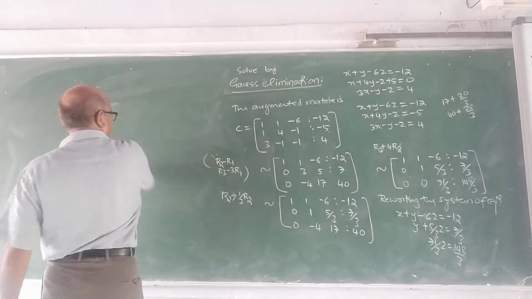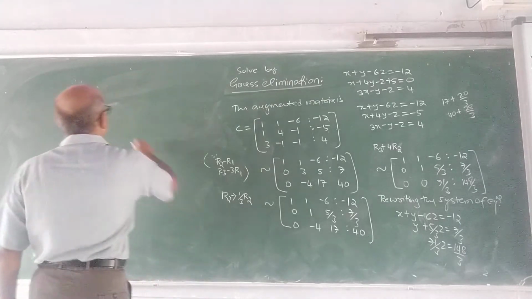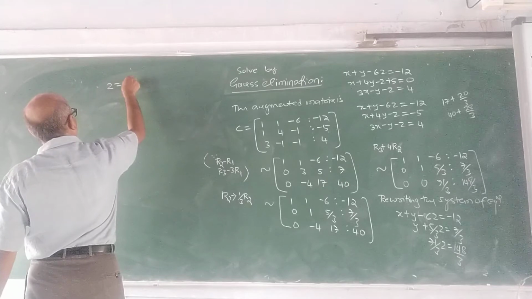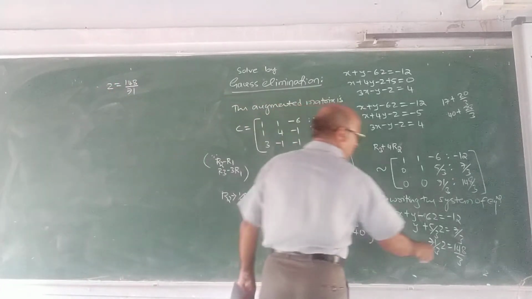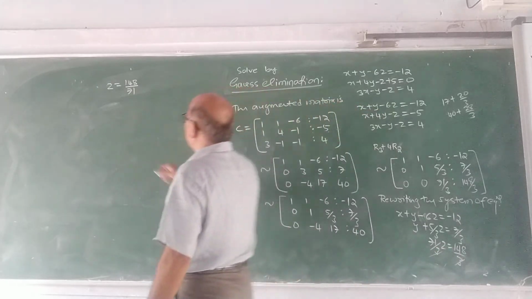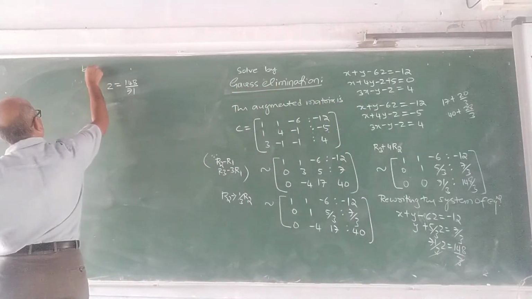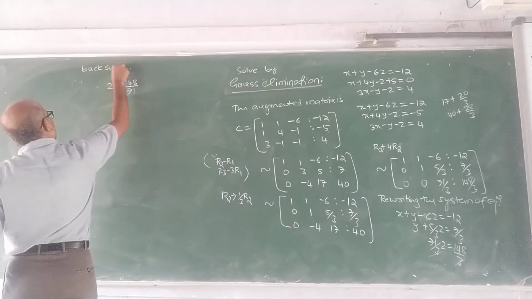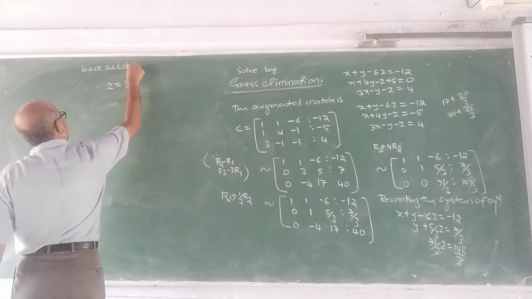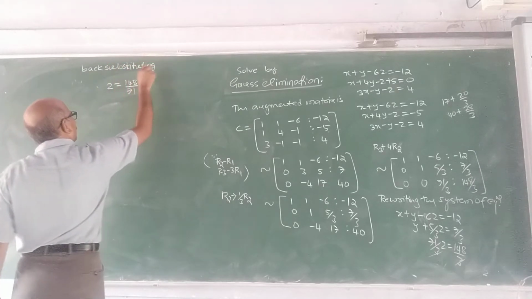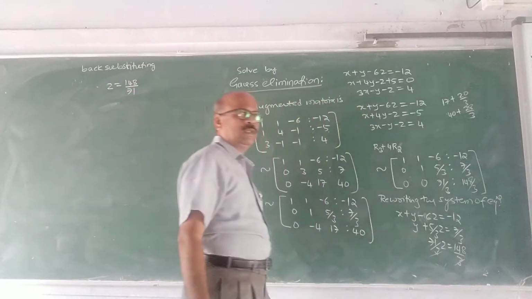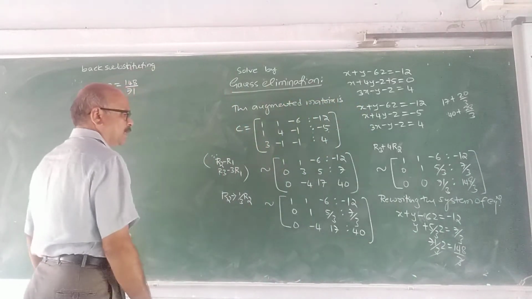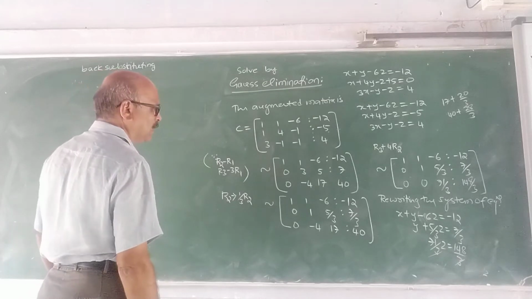From the third equation, what is z? z is 148 by 71. This cancels. Now back substitution: we start from the last equation and proceed backwards. z is 148 by 71.